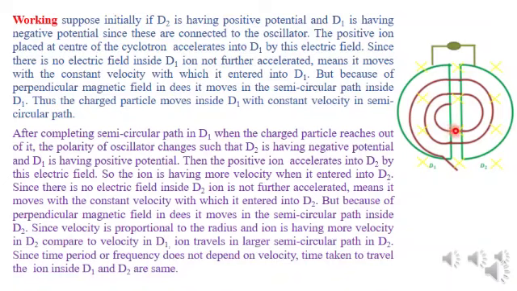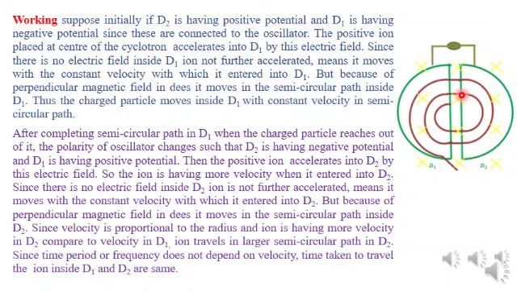Then the positive ion accelerates into D2 by this electric field. So the ion is having more velocity when it entered into D2. Since there is no electric field inside D2, ion is not further accelerated, means it moves with constant velocity with which it entered into D2.